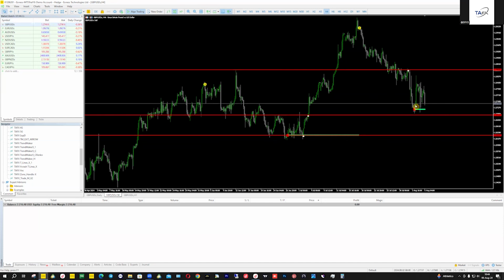But after hitting our stop loss, because our entry will be somewhere here, before the market comes to test this area, it will recover the loss that was taken on this buy. This is the best thing with our EA. It must recover, because after breaking this zone, it tells you it's coming to test this area before the market goes up.